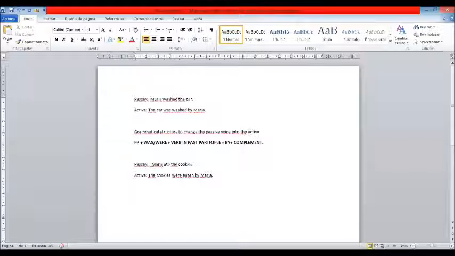We have another example. Passive: Luis wrote a poem. How do we change this sentence into active?